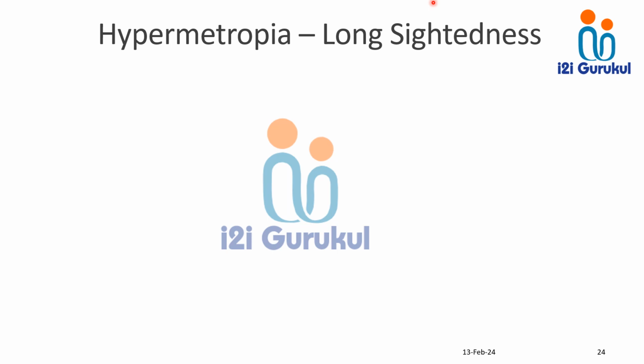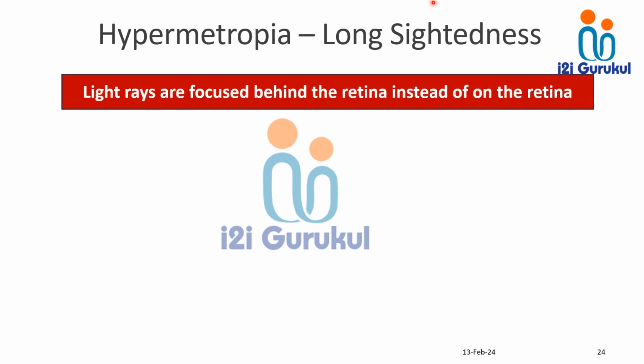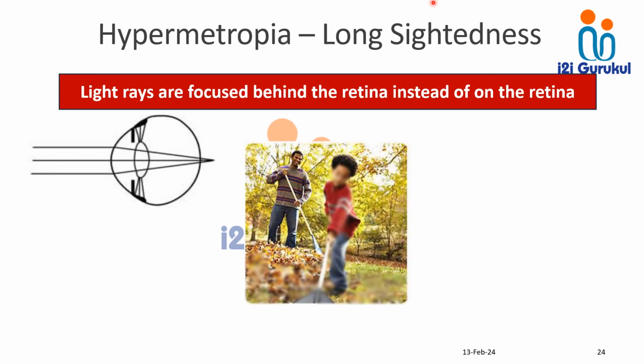In this condition, the rays of light focus behind the retina, which is what we call hypermetropia, with the accommodation at rest. Can you answer how the vision will look in such patients? If a hypermetropic patient comes to you, how will he say he is seeing through the eye? What complaints will he tell you?